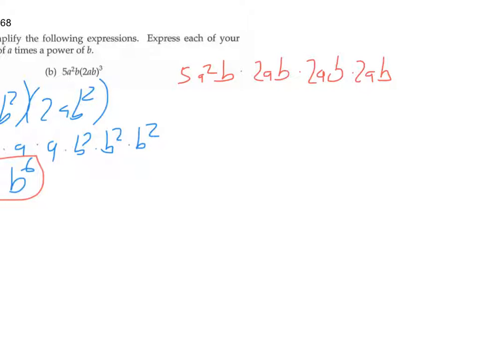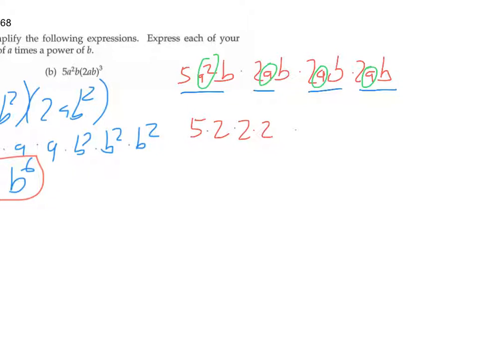Okay, so we'll do the same thing for the second one, and we look at it, so we multiply out 2ab, 2ab, 2ab, and then we're going to rearrange things. So we're going to rearrange it so we have 5 times 2 times 2 times 2, and then if we look at our a's, we've got an a squared, an a, an a, and an a, so that looks like a to the 5th, I believe, yeah.